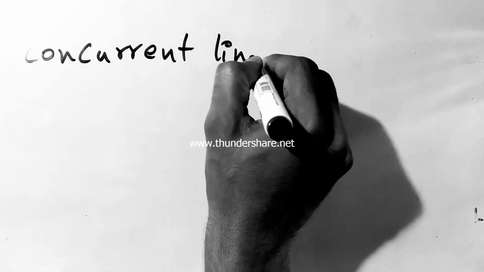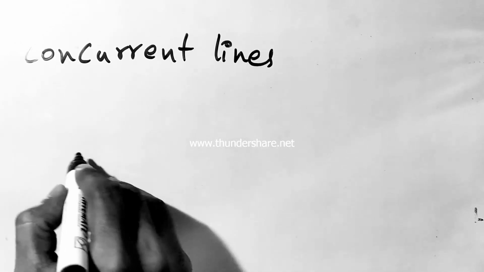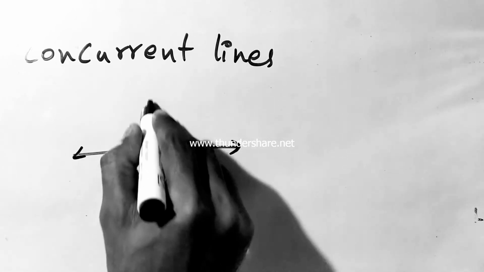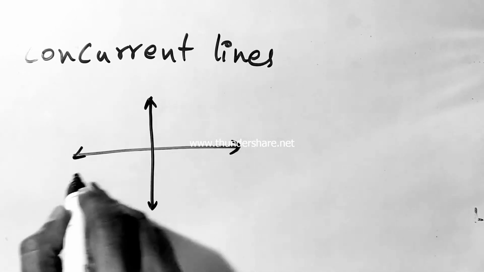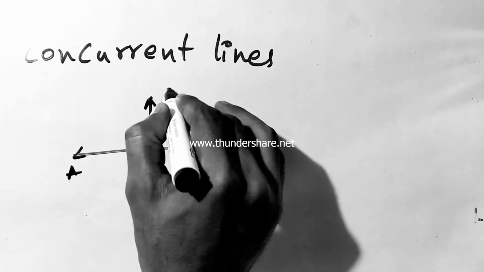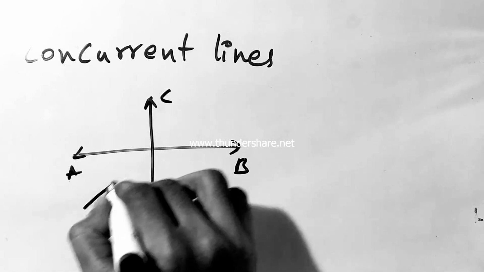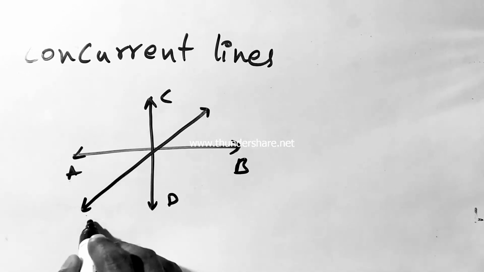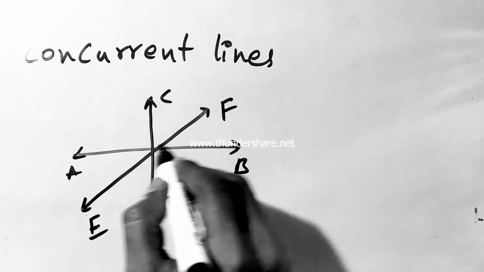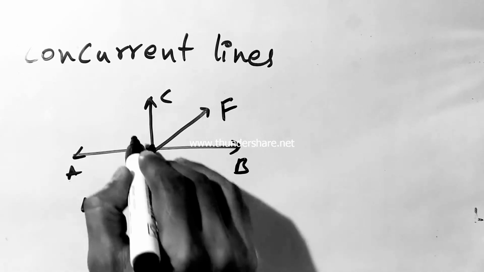Concurrent lines are two or more lines passing through the same common point. Here AB and CD is another line, and EF is another line. O is the common point.